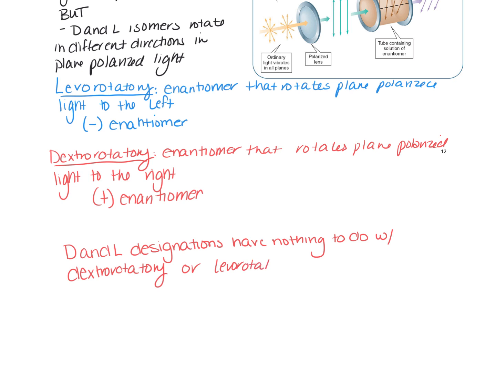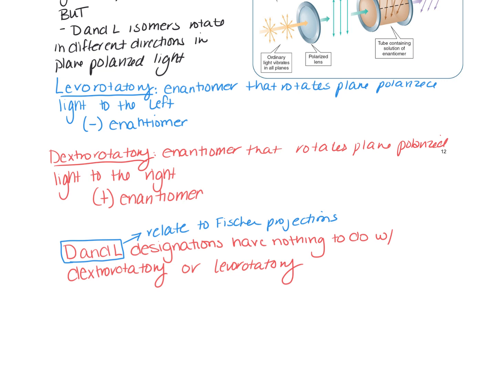These D and L only relate to the Fischer projections. They have nothing to do with plane polarized light. So you could have one D enantiomer that rotates positive, right? And then you can have another D enantiomer of another molecule that rotates negative. So that has nothing to do with it one way or the other.